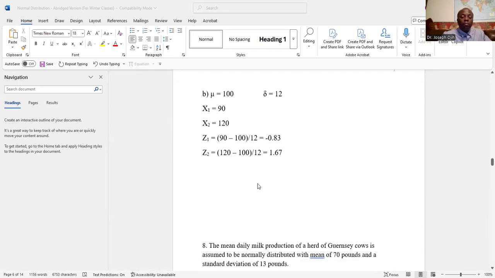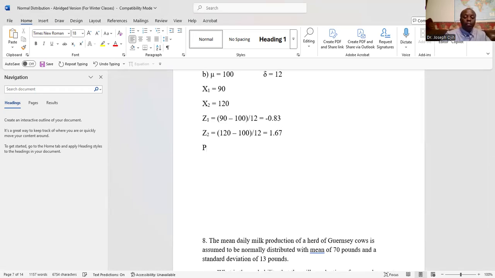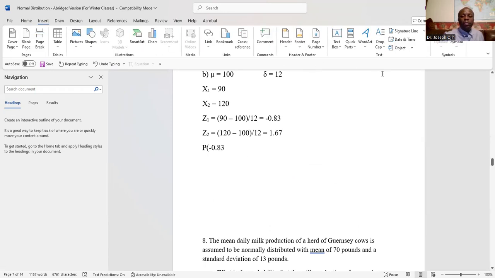That becomes the probability that Z is between negative 0.83 and 1.67. This is how we write it: negative 0.83 less than Z less than 1.67.